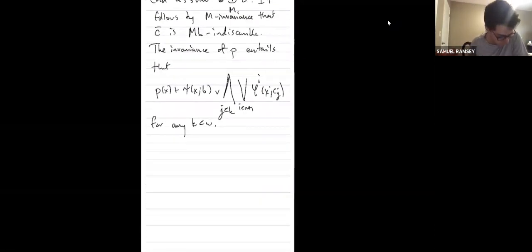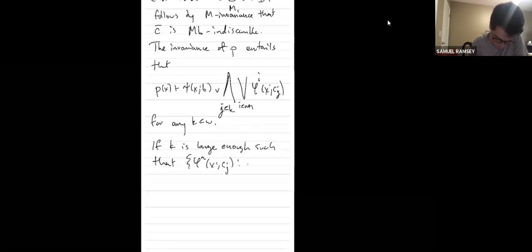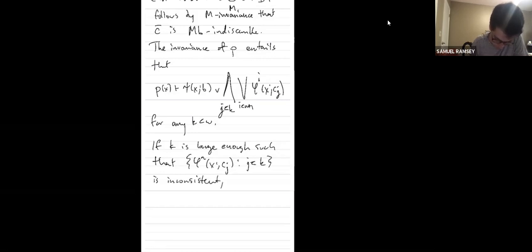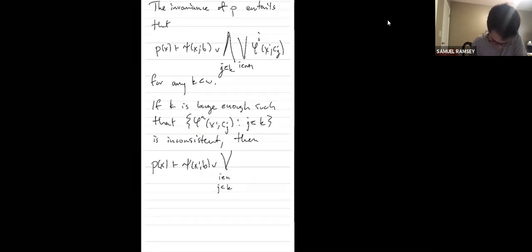Okay, cool. But if K is large enough such that phi in X Cj for J less than K is inconsistent, then P of X will imply C X B, or the disjunction over all I less than N and J less than K of phi I X Cj.